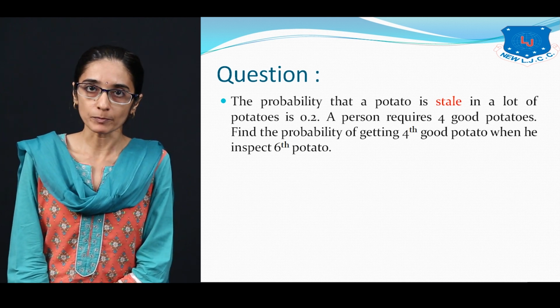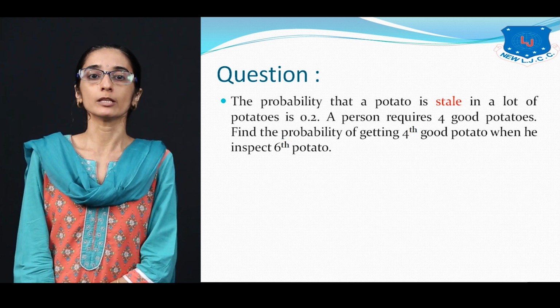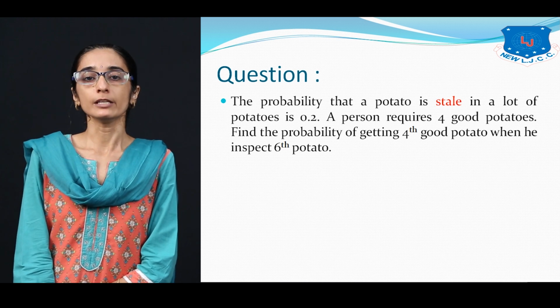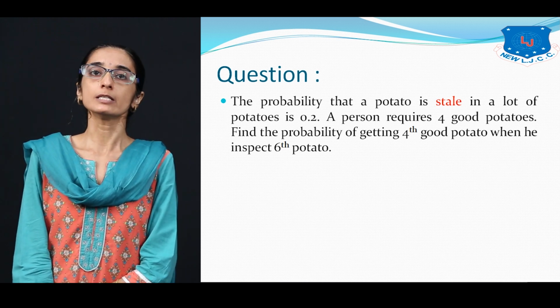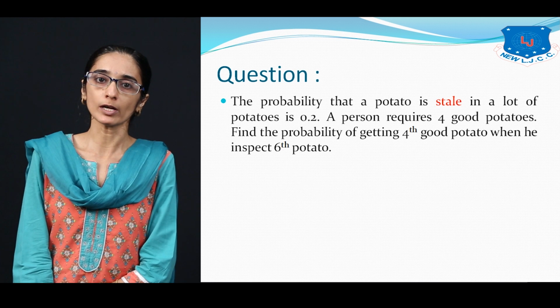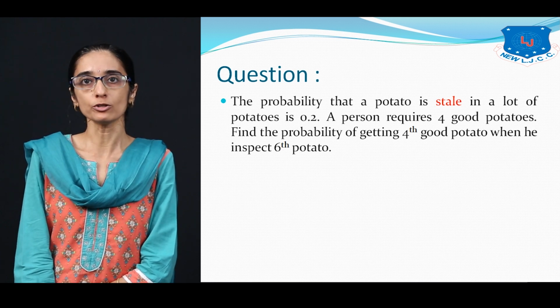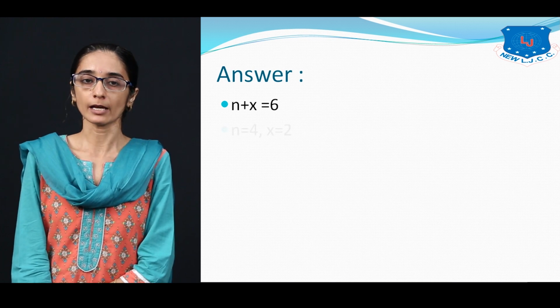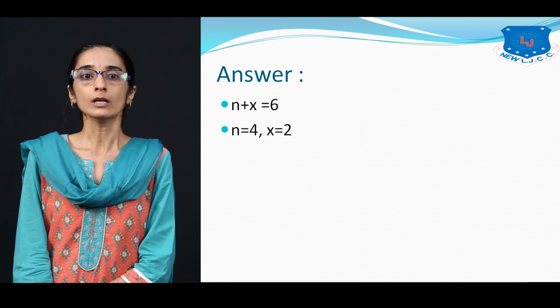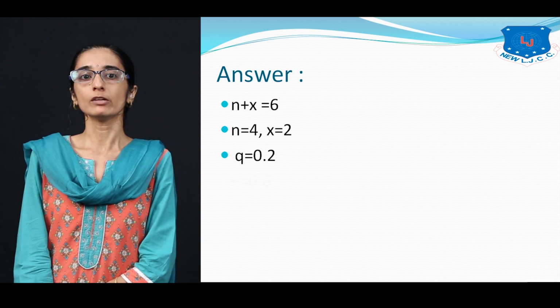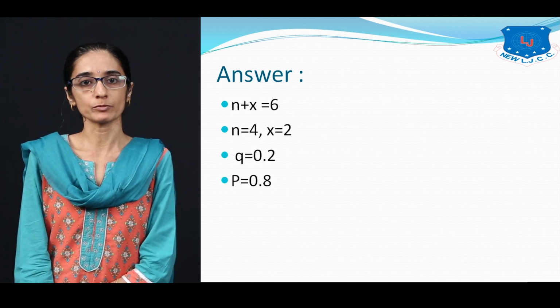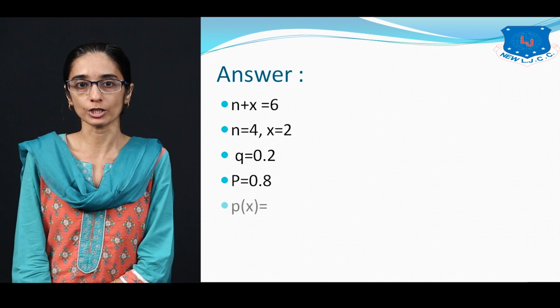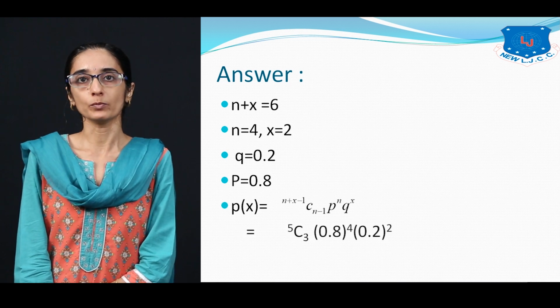Total inspected potatoes are 6. So n plus x is 6. We need 4 good potatoes. That means n is 4. And q value will be equal to 0.2. Let's summarize these values. So n plus x is 6, n is 4, so x is 2. Q is 0.2, so p value will be 0.8. Let's substitute in the probability mass function of negative binomial distribution.